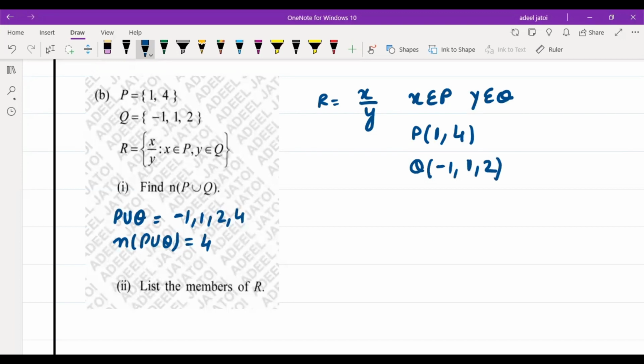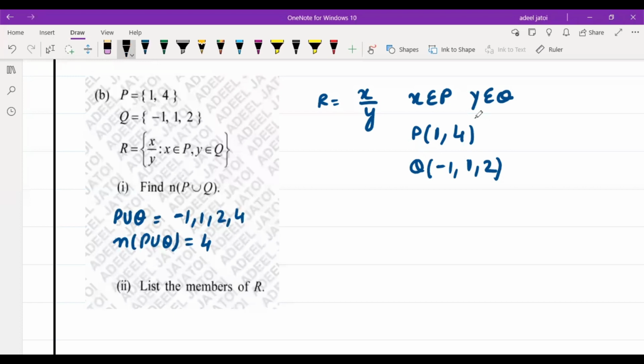Now you need to make sure that you create the set, because x is from P and y is from Q. With 1 from P, which is x, you can use -1 from Q. With 1 from P, you can use 1 from Q. With 1 from P, you can use 2 from Q. With 4 from P, you can use -1 from Q. With 4 from P, you can use 1 from Q. With 4 from P, you can use 2 from Q. That means there would be 6 different members, or 6 different ways to calculate this.